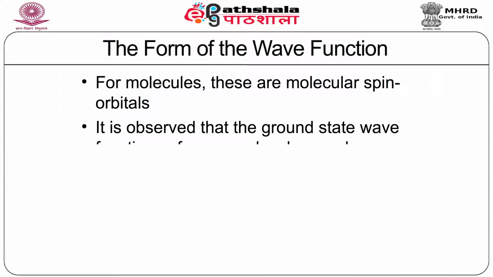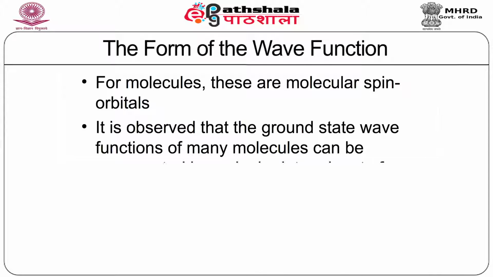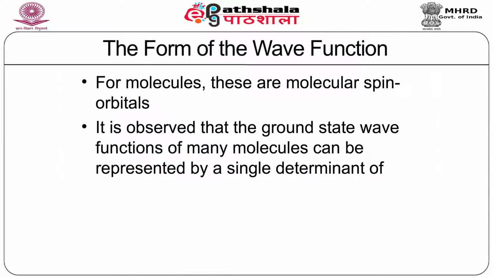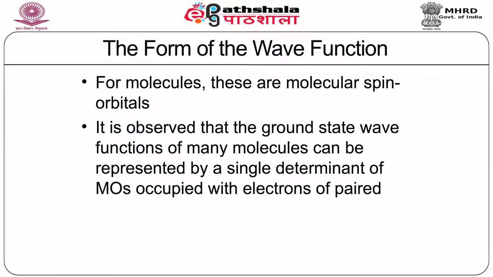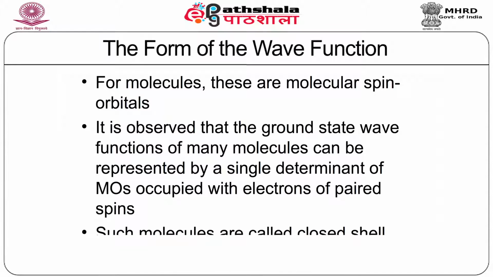It is observed that the ground state wave functions of many molecules can be represented by a single determinant of molecular orbitals occupied with electrons of paired spins. Such molecules are called closed shell systems.